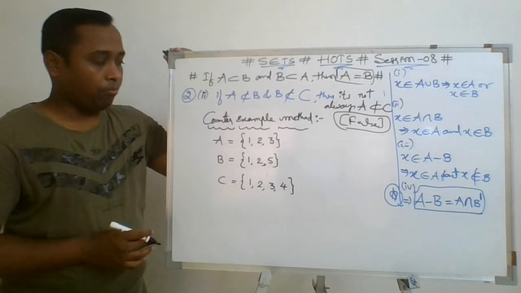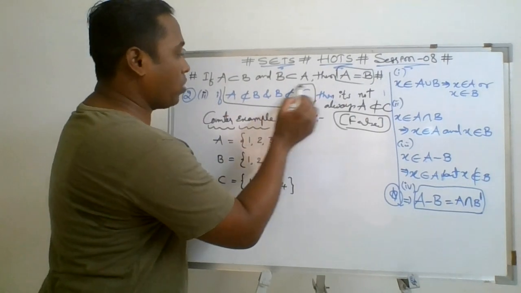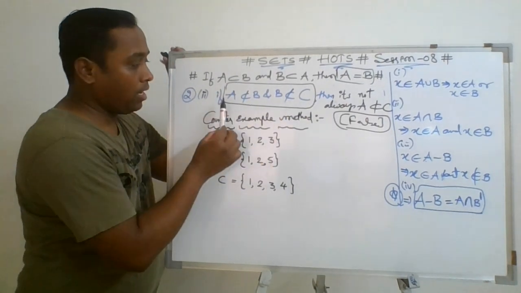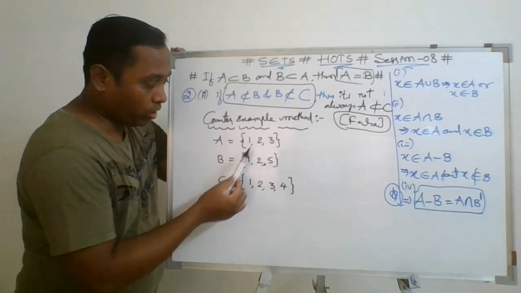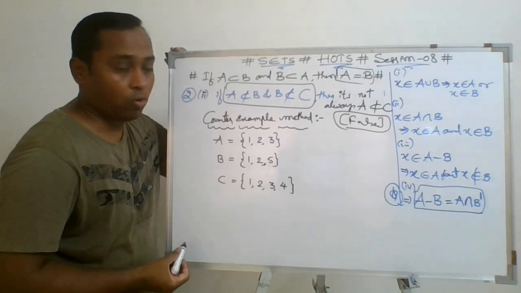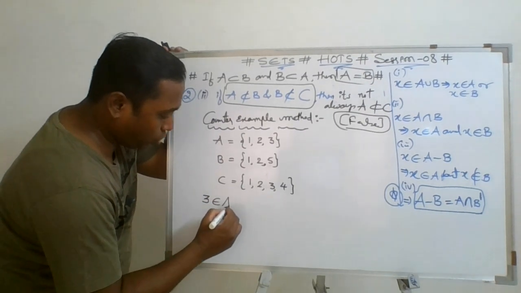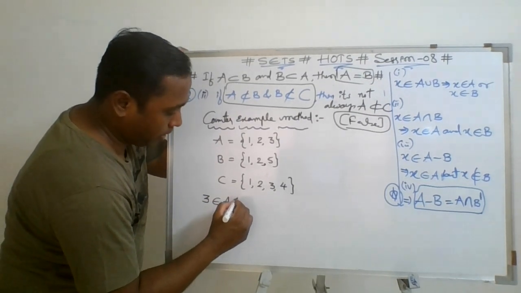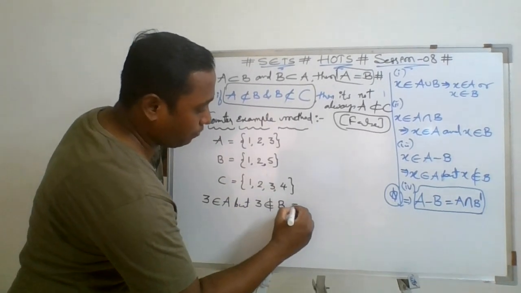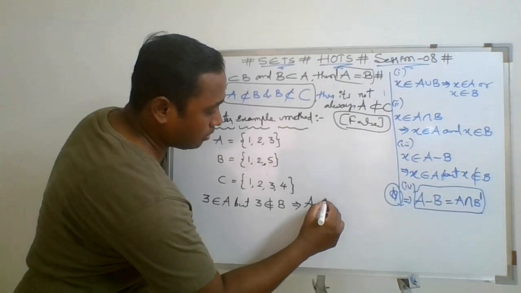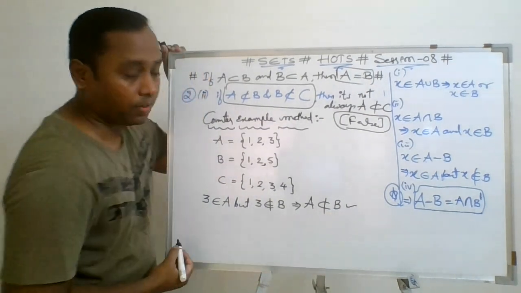So I have set an example in such a way that first my example satisfies the given two conditions. ये satisfy होना चाहिए. A is not a subset of B. How could I say? A में 1 2 3 है but वो 3 B में नहीं है. So from this example, 3 is an element belonging to A, but 3 is not in set B, which implies that A is not a subset of B. First condition is done, which is good.